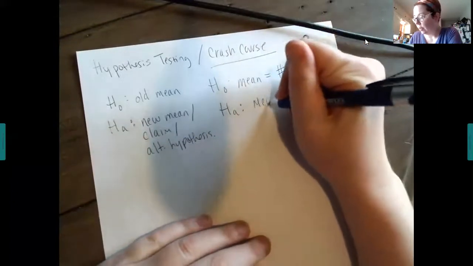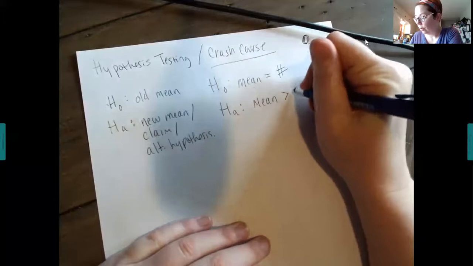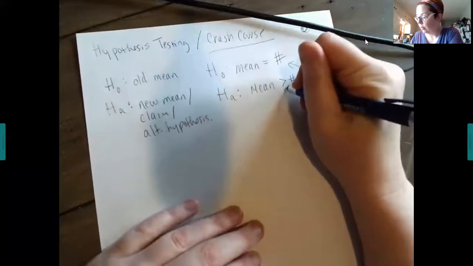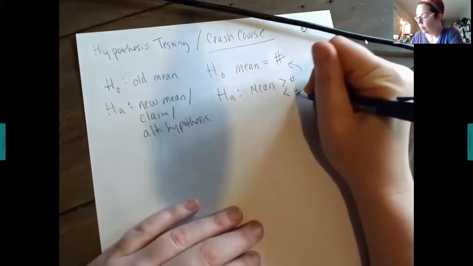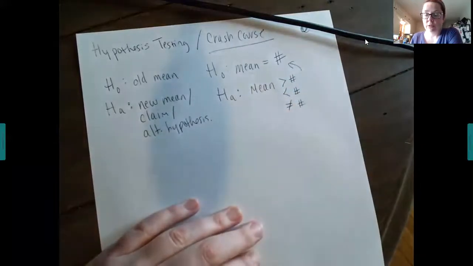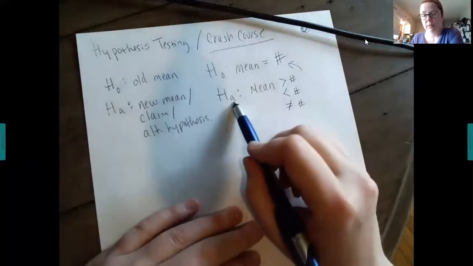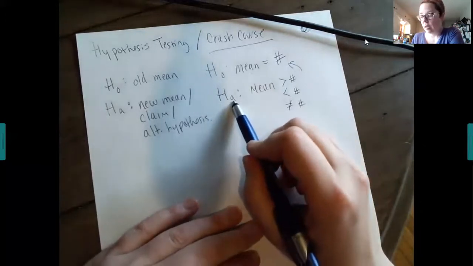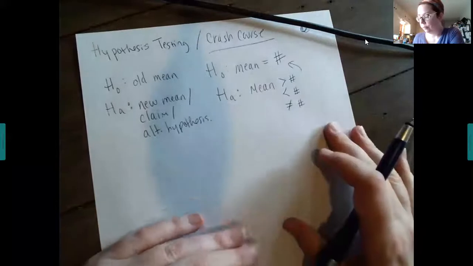We're going to have that our mean is either greater than that number, less than that number, or not equal to that number. Those are the 3 different options we have for this alternative claim, and that's given in the information, usually.